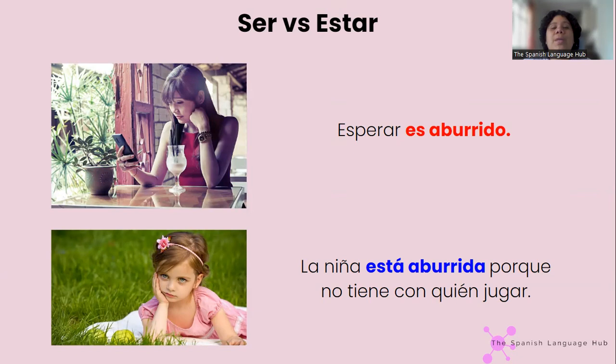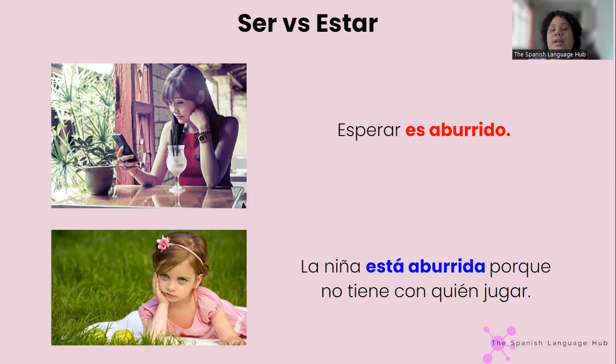They actually change the meaning of the word when you use ser or estar with the same adjective. So, for example, esperar es aburrido, okay? So here we're talking about an activity which is waiting. Esperar means waiting. So waiting is boring, right? Waiting is boring. It means that this activity is boring.